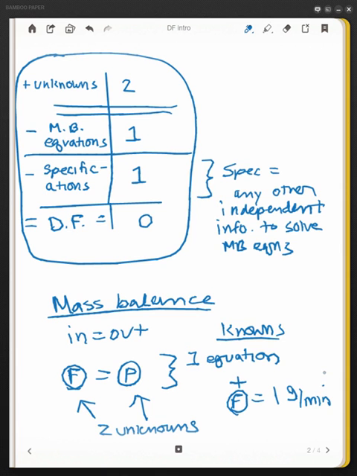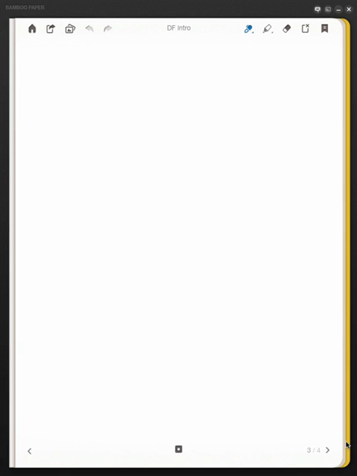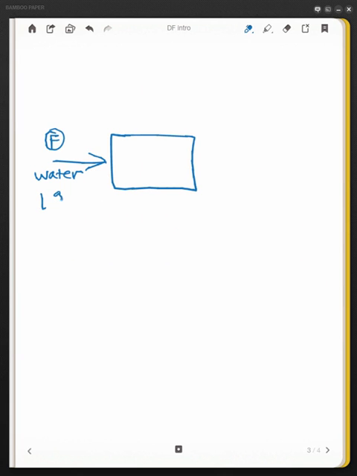So let's go to a slightly more complicated problem. Suppose we have water coming in at 1 gram per minute.